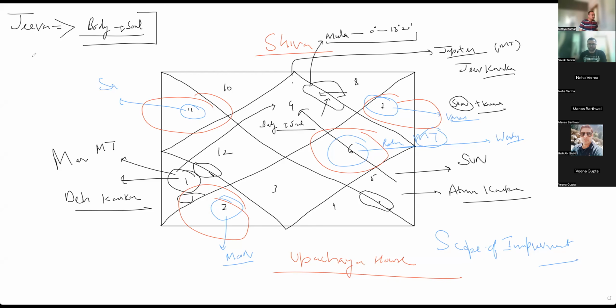And this is how the entire Gandanta, Gandamula concept was created in the BPHS, Brihat Parashara Hora Shastra. There's Ketu who is just capturing your karmas in the memory.